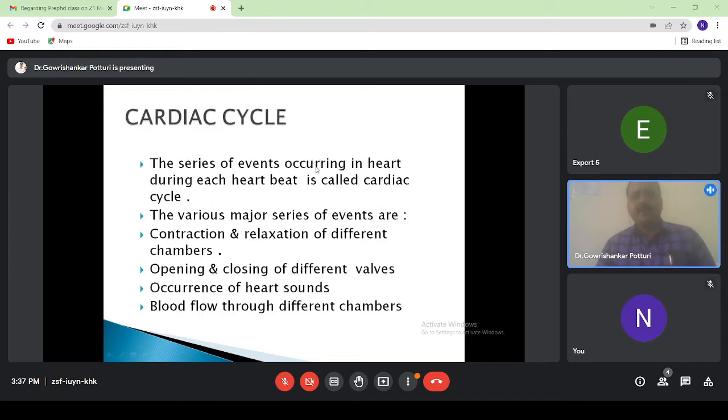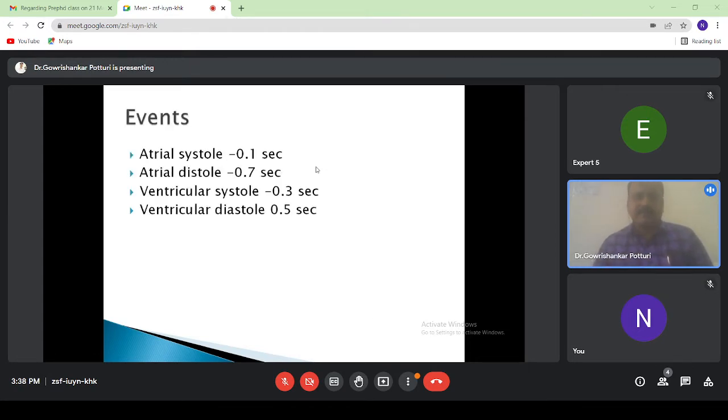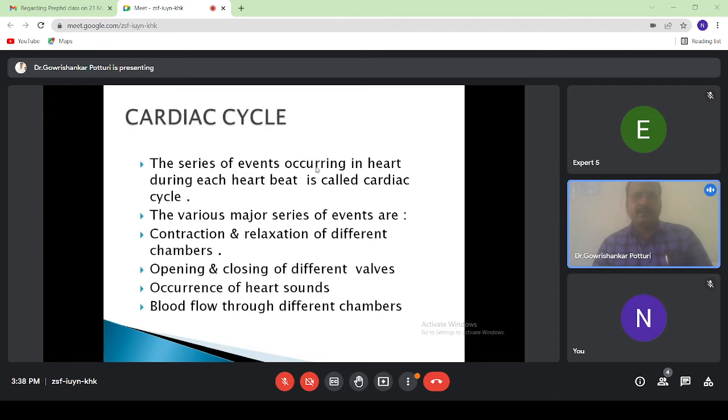Now, what is the cardiac cycle? ECG is nothing but a paper presentation of a cardiac cycle. The series of events that occur in the heart during each heartbeat is called the cardiac cycle. In one cardiac cycle, what exactly happens?